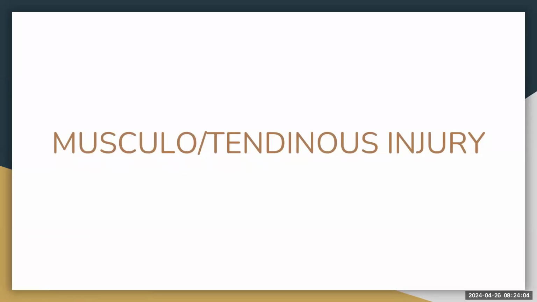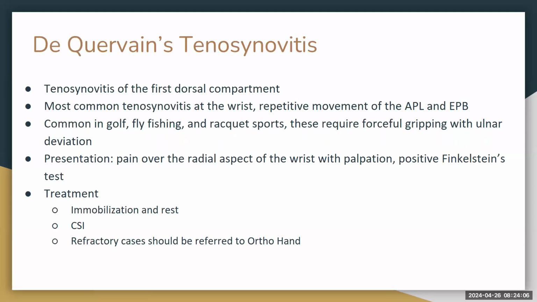So musculotendinous injuries, de Quervain's tenosynovitis. I think most of us have seen this year, but it's tenosynovitis of the first dorsal compartment. Most common tenosynovitis, just repeat movement of the APL and the EPB in that first compartment, if you remember, longest breaths.